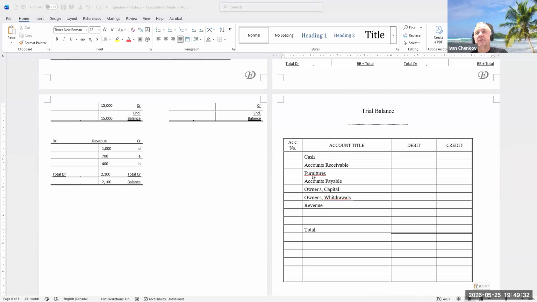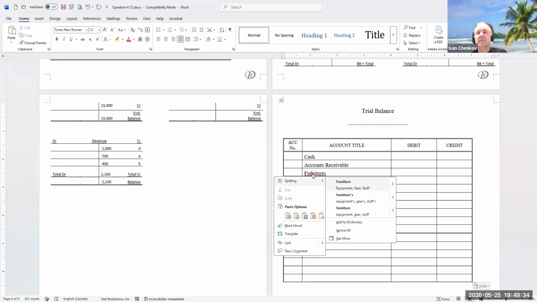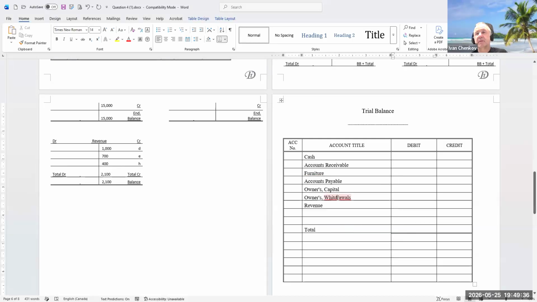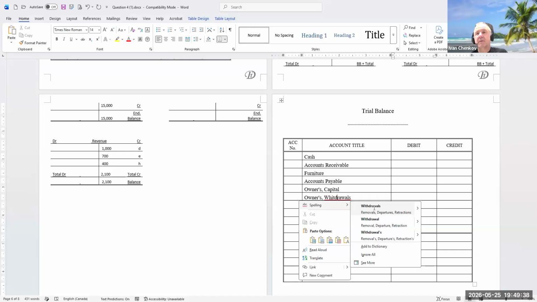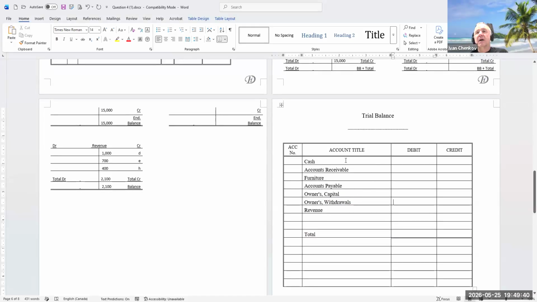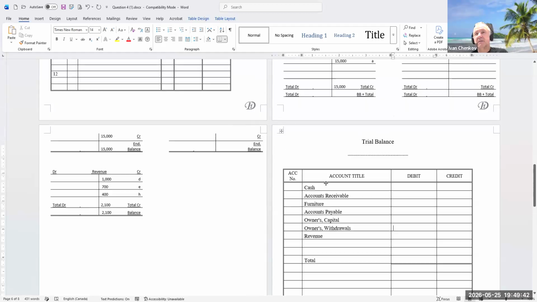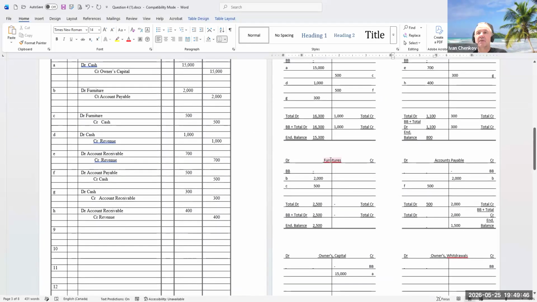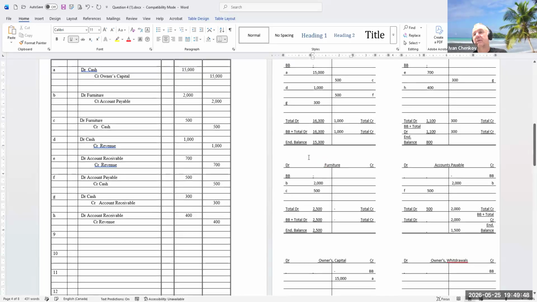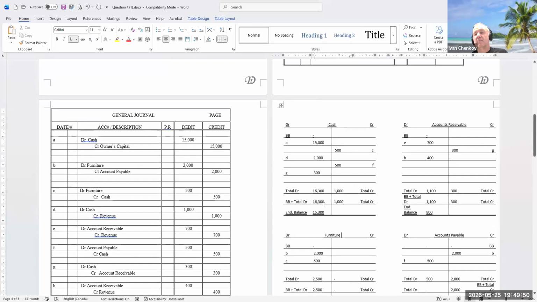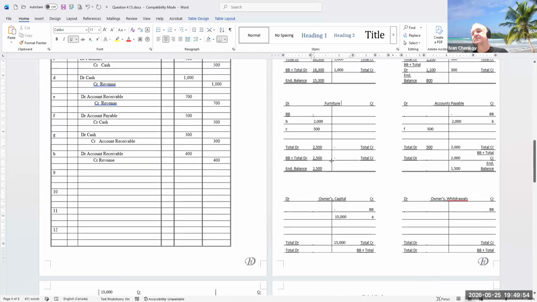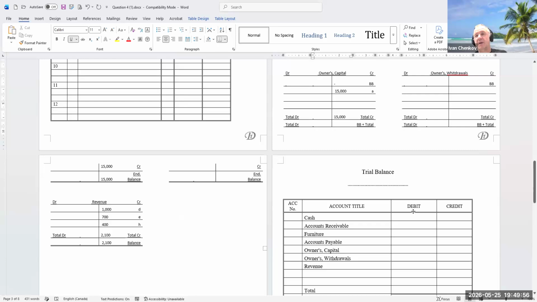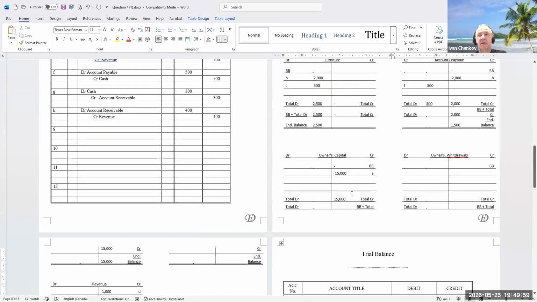On the trial balance, we're gonna have all the accounts listed that we have here above with balances, debit and credit. First account is cash. And what's our balance here?